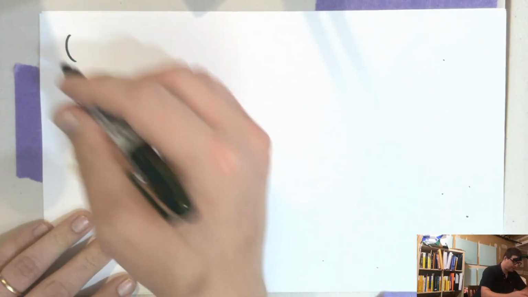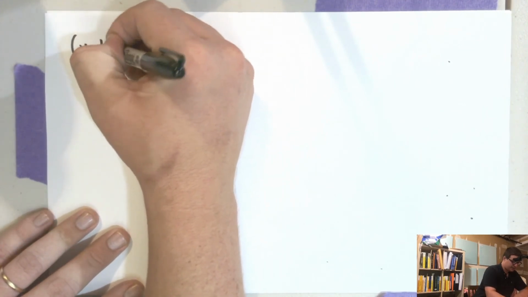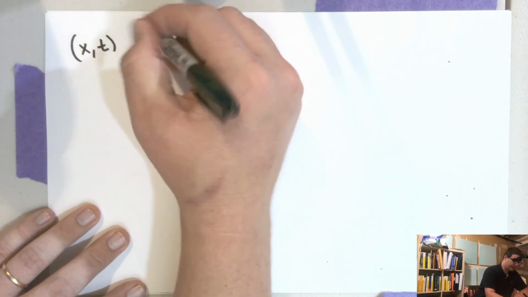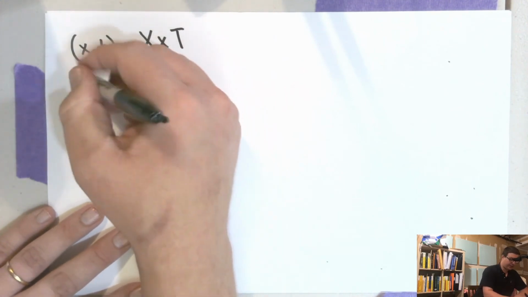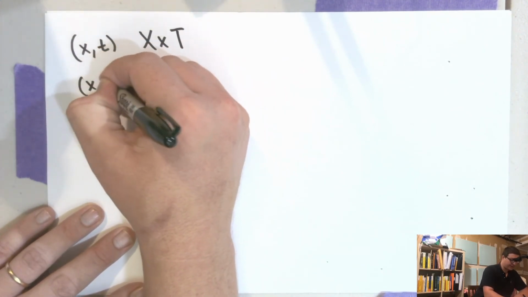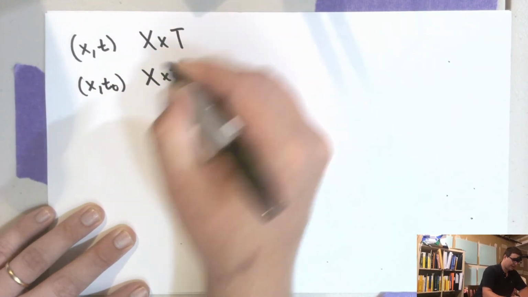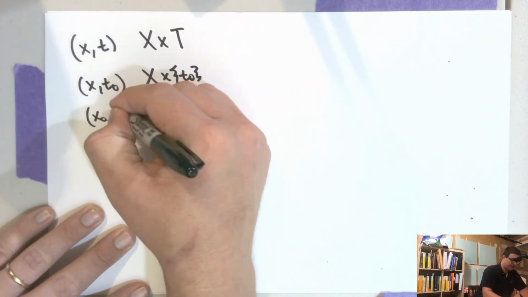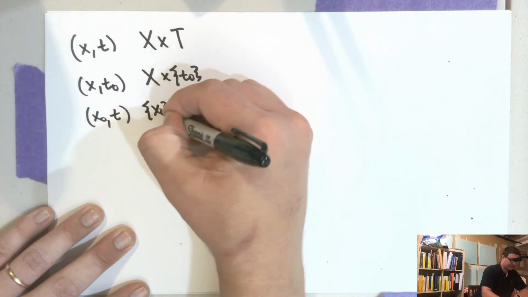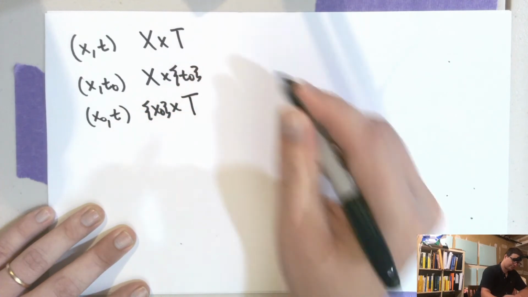So how do I view this? We have x's and t's, right? So this is what's an x cross t. Okay, and then we have two things. We have x's and t naughts, so this is x cross t naught. And then we have x naught cross t, so this is x naught cross t. Right?